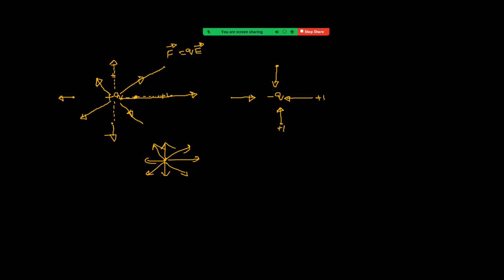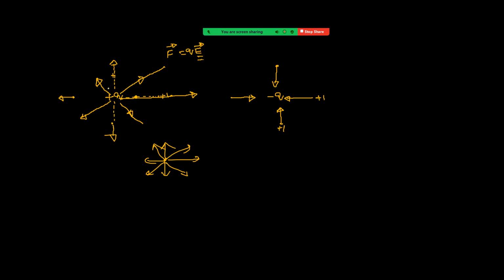As we move away from the charge, the separation is more, and more separation means the strength of the field is less. That means if field lines are crowded, the strength of the field is relatively more in that region. That is what we can conclude.